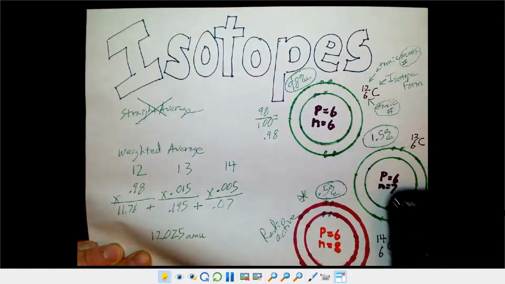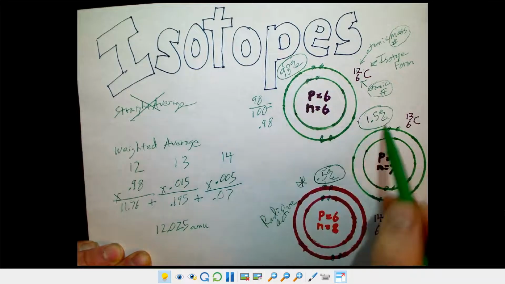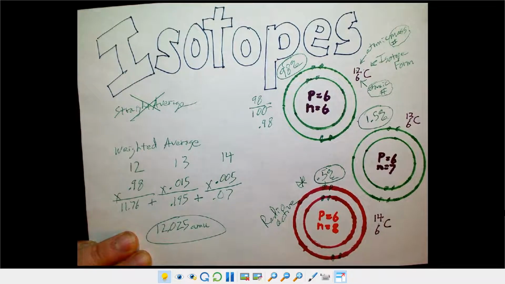Now again, I approximated these numbers up here. I don't know exactly what they are in the real world, but you can see how you don't get the average of 13 out of those numbers. Instead, you end up getting 12.0215 atomic mass units, which is relatively close to what the periodic table has, which is 12.01.